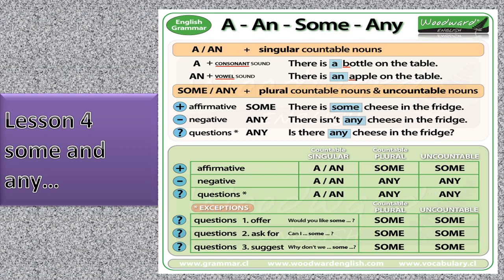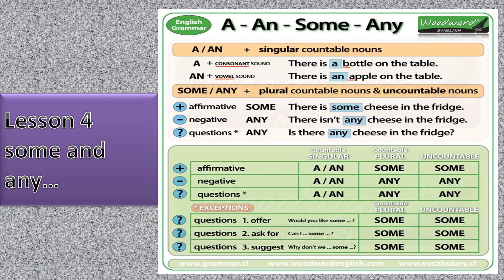Some or any. We use some or any with plural countable nouns and uncountable nouns. Some, we use it with affirmative sentences. Example, there is some cheese in the fridge. Any, we use it with negative sentences and questions.